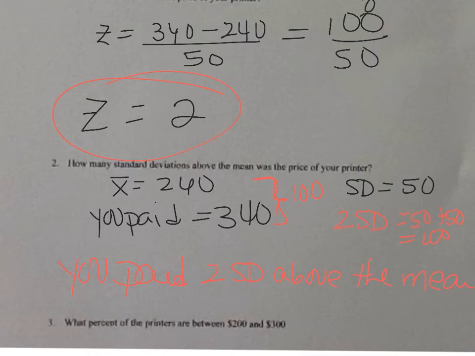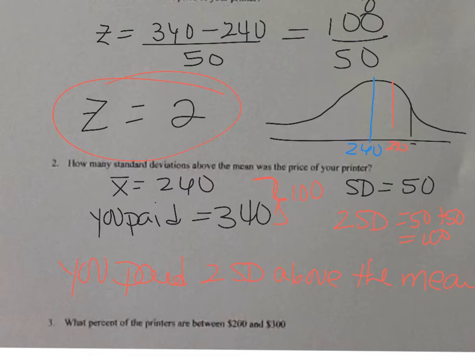Okay, so if you look at the bell curve, in the middle was our mean, which was 240. So here's 1 standard deviation above the mean. 1 standard deviation would be $50. That would put us at $290. So now we are at 2 standard deviations above the mean. So we're over here at $340. From here to here was $50 and then another $50, 2 standard deviations above the mean.